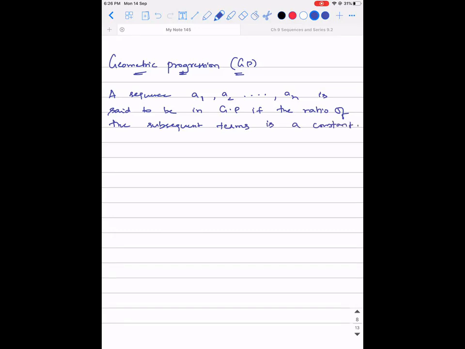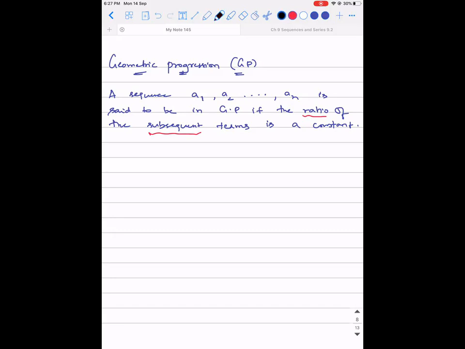Okay. So when do you call a sequence to be an arithmetic progression? If the difference between the successive numbers is a constant, and that constant is called the common difference. Similarly, in the case of geometric progression, a sequence is said to be in GP if the ratio of subsequent terms is a constant, ratio meaning division.